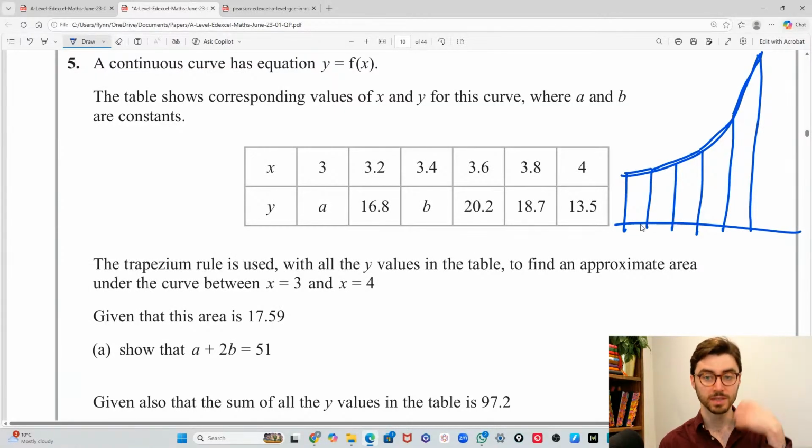So it's a half times the distance in between times this plus this. And the area of this second one would be a half times the distance times this plus this. And you can see that each of these ones in the middle are going to get double counted. So you end up getting half times the distance in between, first plus last plus twice the middles. And that's basically summing up the areas of these trapeziums.